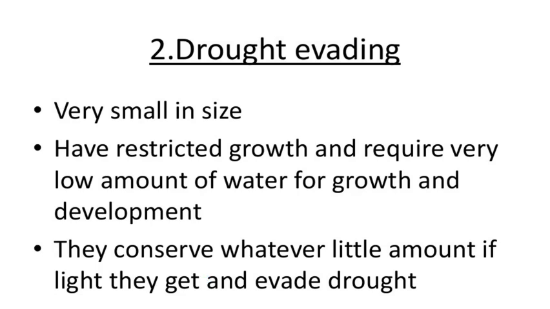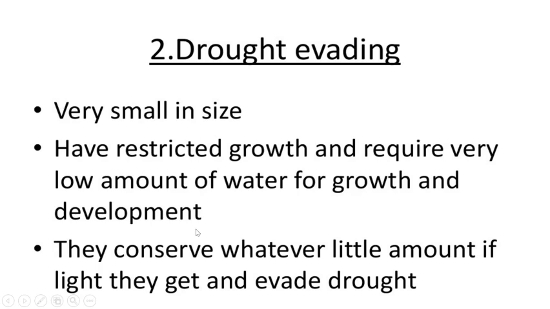Second one, drought evading. That means succulent plants. These plants are very small in size, have restricted growth and require a very low amount of water for growth and development. They conserve whatever little amount of water they get and evade drought. These plants possess fleshy organs, stem, leaves and roots which accumulate a large amount of water during rainy seasons. And the rate of transpiration is very low because of sunken stomata.